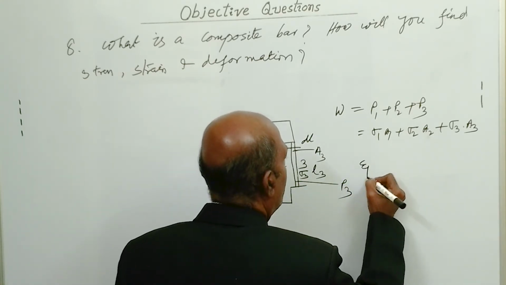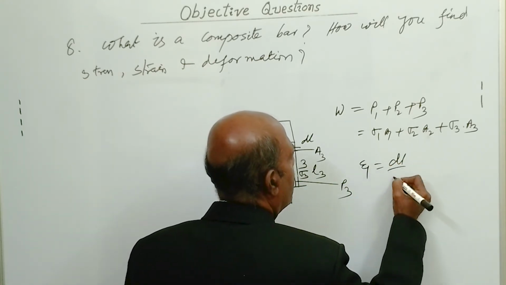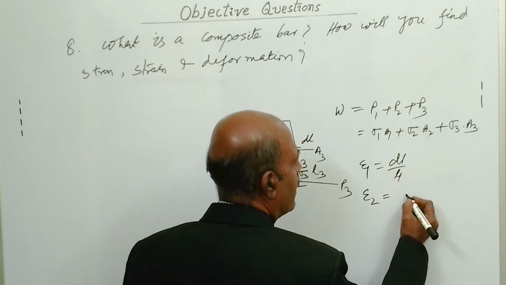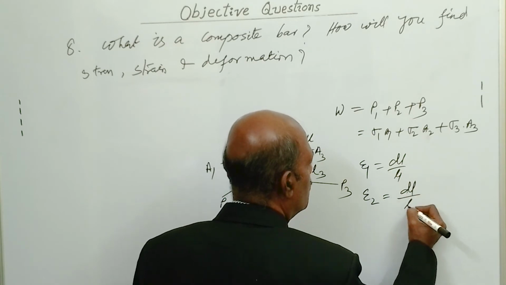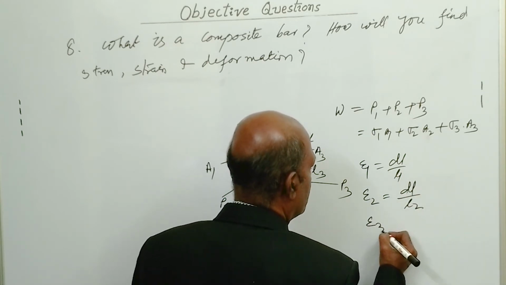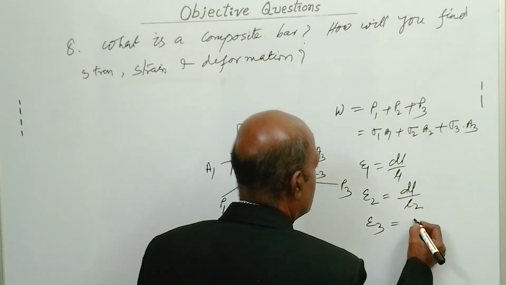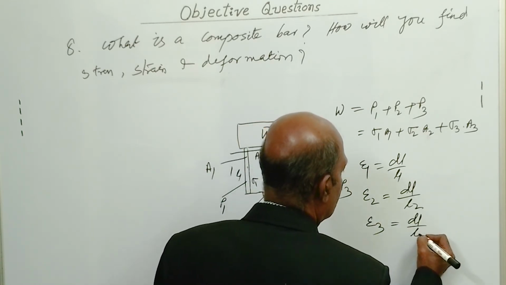So epsilon 1 is equal to dl by L1, epsilon 2, the strain developed in the second bar, is equal to dl by L2, and epsilon 3, the strain developed in the third bar, is equal to dl by L3.